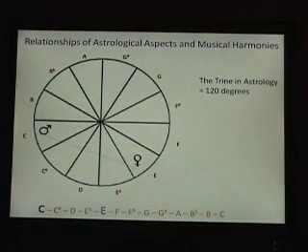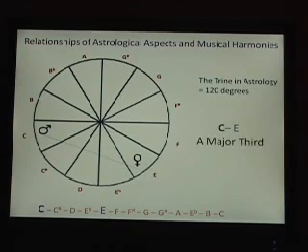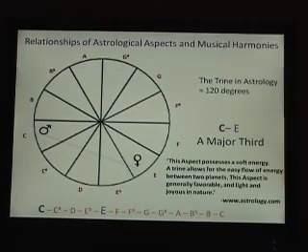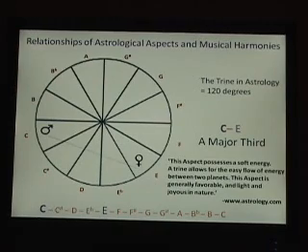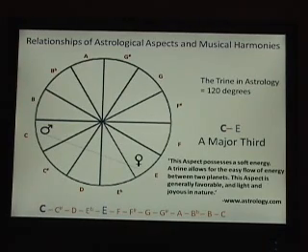This is what it sounds like. That's the C, that's the E. Together it sounds like this, which is called in music a major third, which is a harmonious relationship. From the website Astrology.com, it is said that this aspect possesses a soft energy.